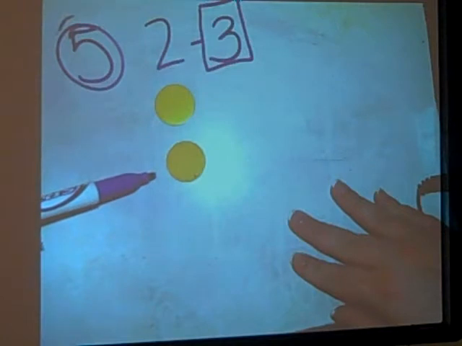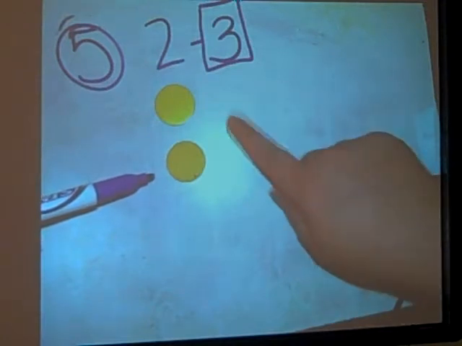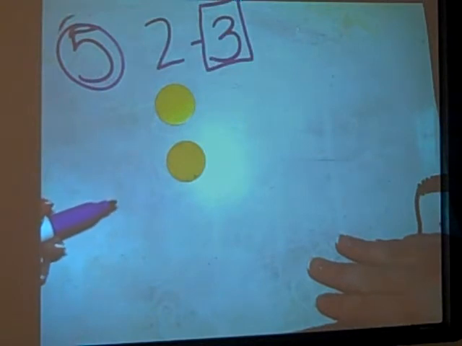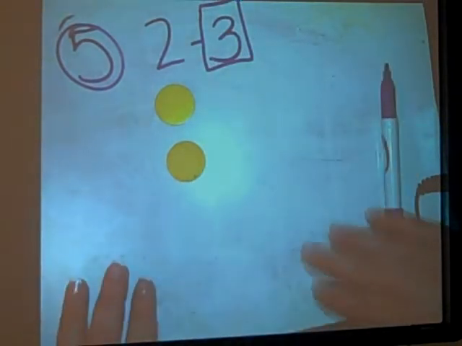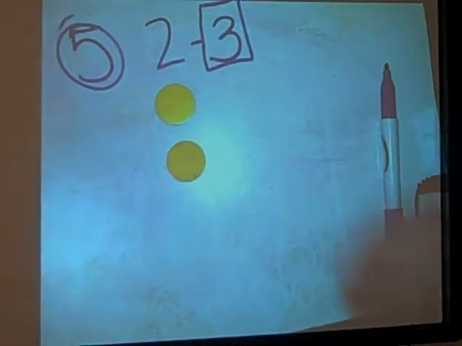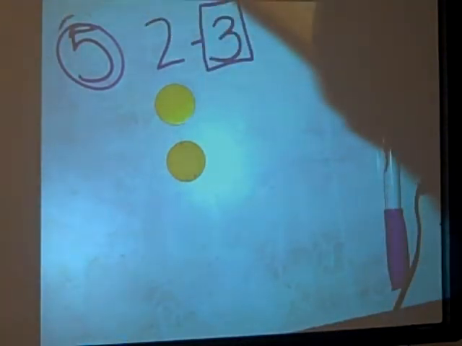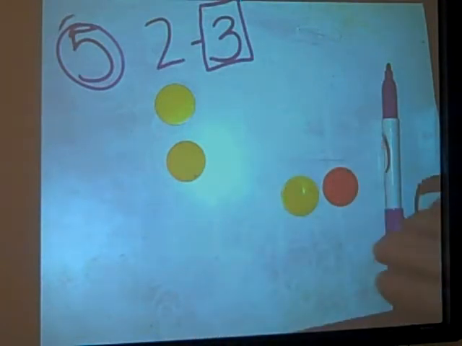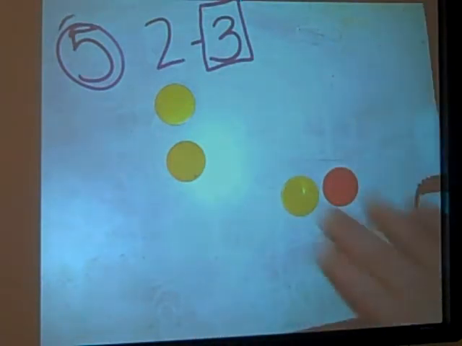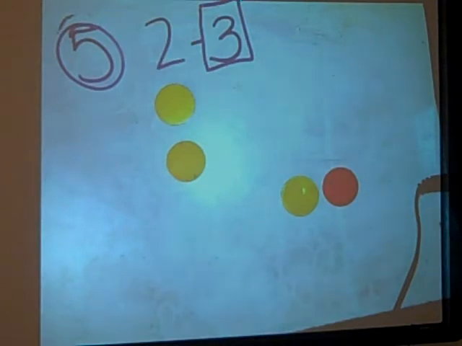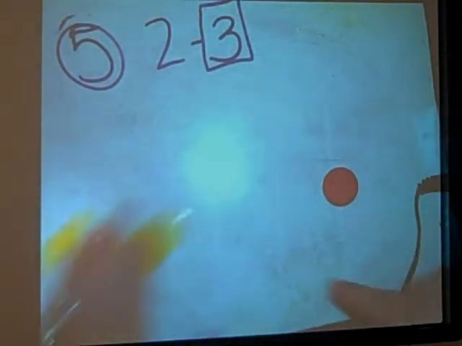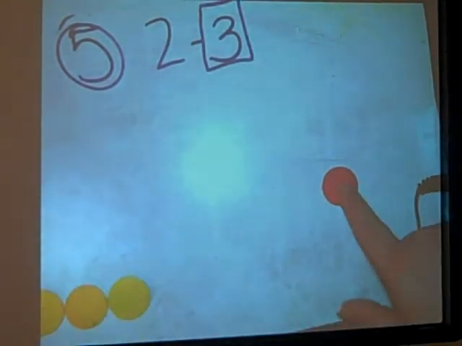Well, how many more would I need in order to take away 3? I only need 1 more because 2 plus 1 is 3. So what I need to do is think of what I can add to this that's not going to change what I have. And that's when we need to remember zero pairs. So off to the side, I would create a zero pair, and there's my zero pair. Since that has a value of 0, I still have 2. I'm only modeling the first number still. But now I have 3 that I can take away. I can take away 1, 2, 3, and I take them away. We are left with negative 1.